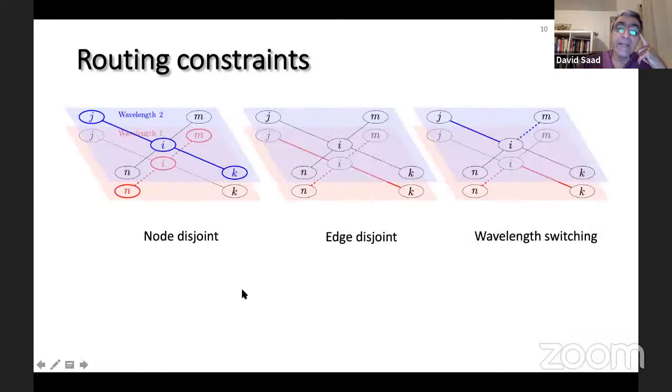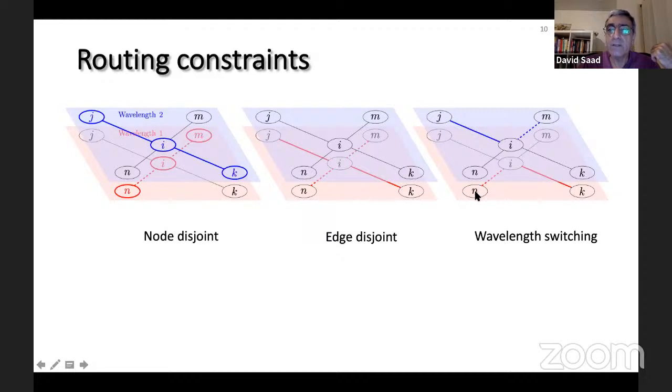So just to recap about node disjoint, edge disjoint, and wavelength switching. If we have two wavelengths represented here by the different colors, and we have two messages from J to K and from N to M, we will have to use two different wavelengths so that they will not both cross the same node I. Similarly, in edge disjoint, we will be able to accommodate the two communications from J to K and from N to M, because they just cross the same node, but not the same edge.